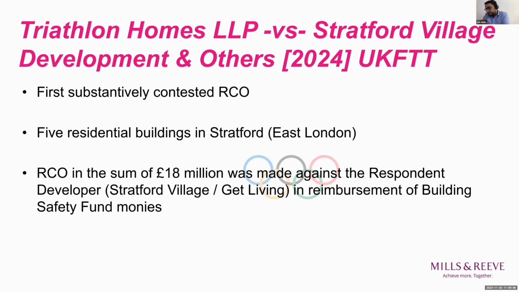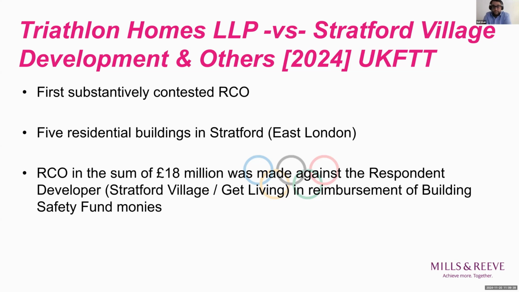Now, Stratford Village in this case were the SPV, but the development is now owned by Get Living PLC, and at the time of the application, they're the ones who own the development. Triathlon, going back to the earlier slide, was the leaseholder of the building, and they applied for the RCO. And it was applied against both Stratford Village as the original developer, but importantly, it was also applied against Get Living as the parent company of Stratford Village.